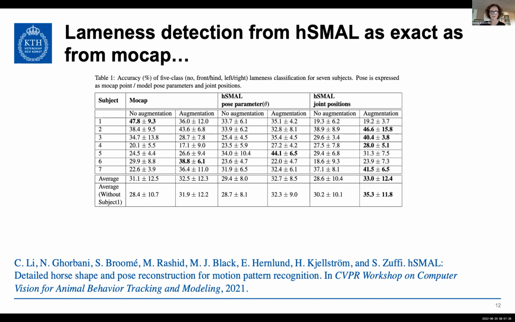And it turned out that we didn't, because we classify directly from motion capture using a graph convolutional neural network, a dynamic graph convolutional neural network, and classification from HSMAL fitted to the mocap actually outperforms very, very slightly, but it at least is on par with the classification from the original mocap.